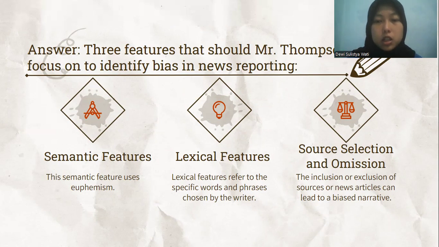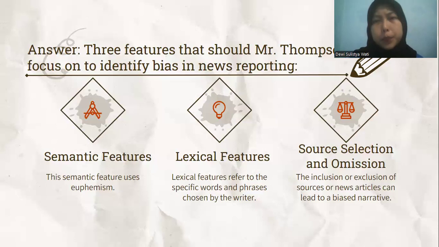And the last one is source selection and omission. The inclusion or exclusion of sources or news articles can lead to a biased narrative. Highlighting certain sources and ignoring others.